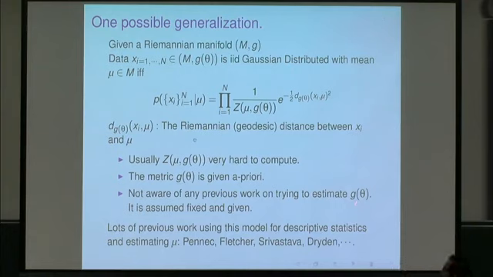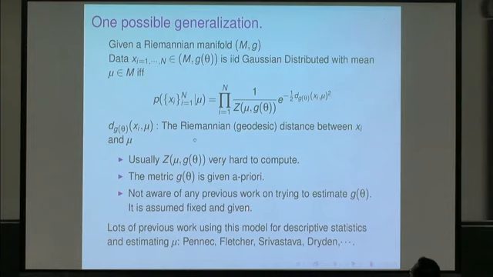Most of the time the g of theta dependence has been ignored. Here theta is the parameters of your metric, and I want to make it finite dimensional, so it's a parametric family of metrics on your model manifold.